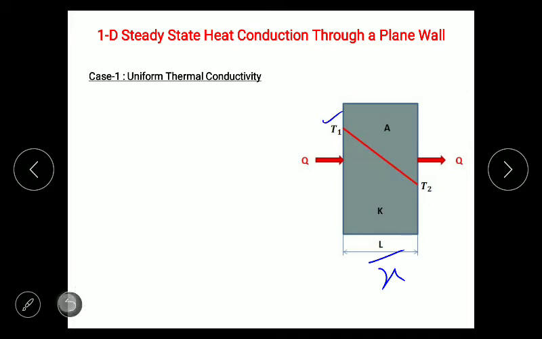Due to this difference in temperature, heat starts flowing from one surface to the other. The body has a thermal conductivity K, and it has a cross-sectional area A.